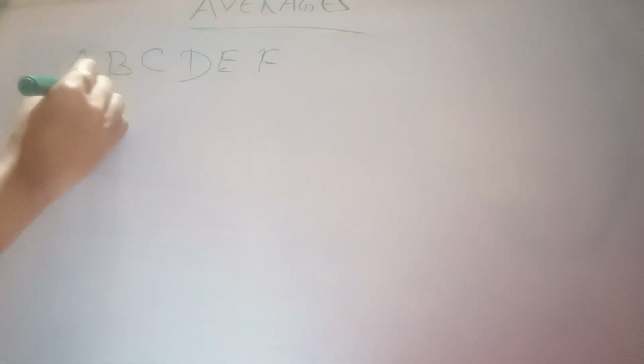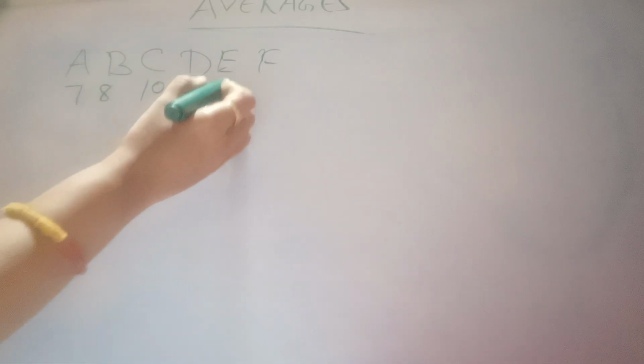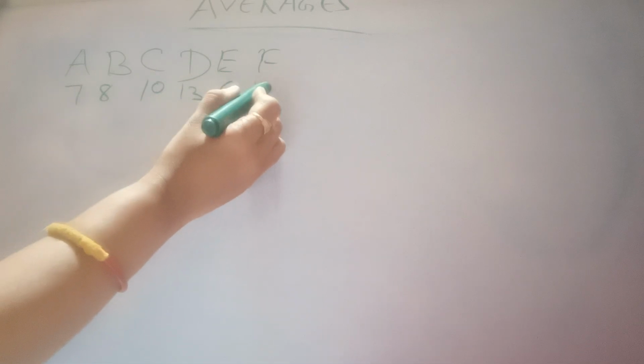Now, the required average. These all are 7, 8, 10, 13, 6, 10. If one member from all the 6 families left their respective families, it means from every family one person is going to the hostel. So 7 minus 1.